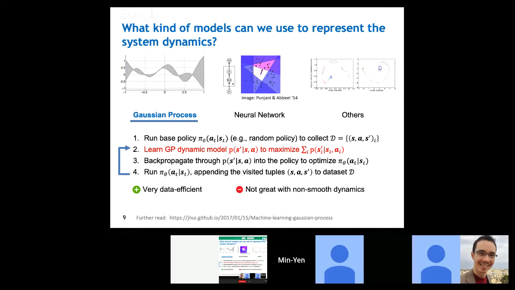If it's further away from the known observation, then we are less certain. So this makes an intuitive assumption that it's smooth, so we can do this kind of interpolation. It will not perform very well if the dynamics itself is not smooth. And it also gets quite slow when the data set is big.